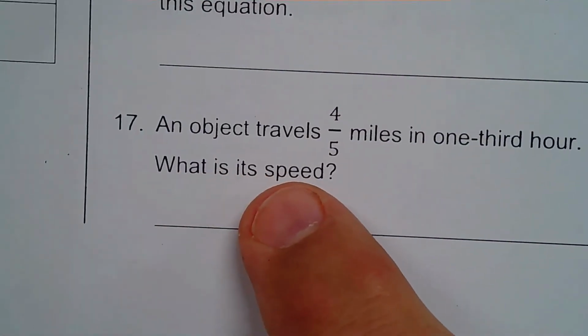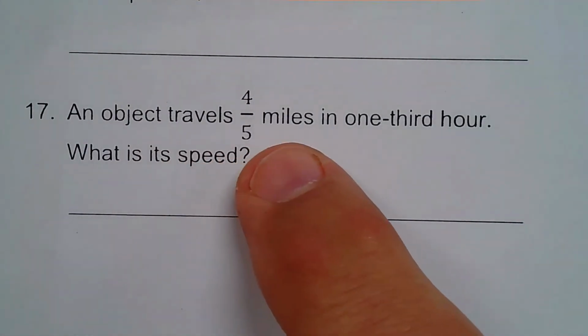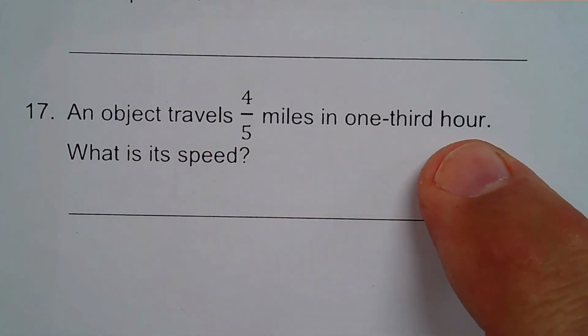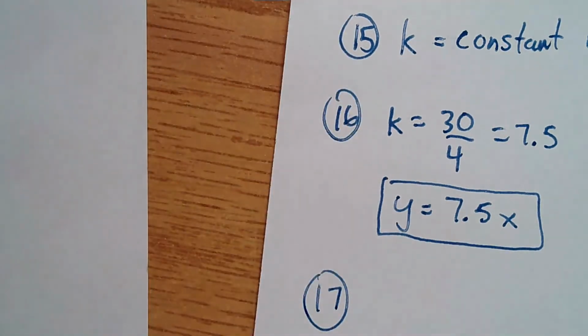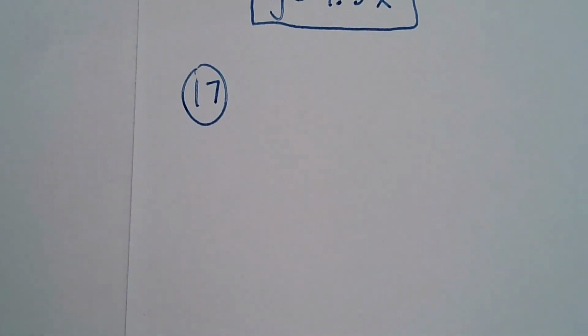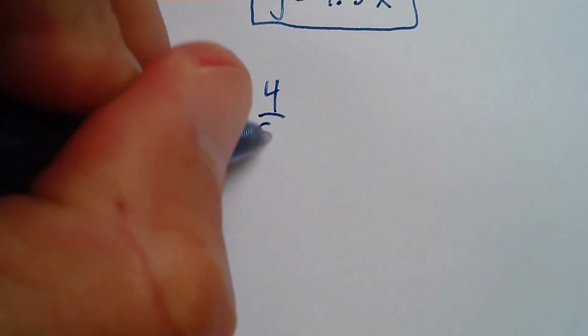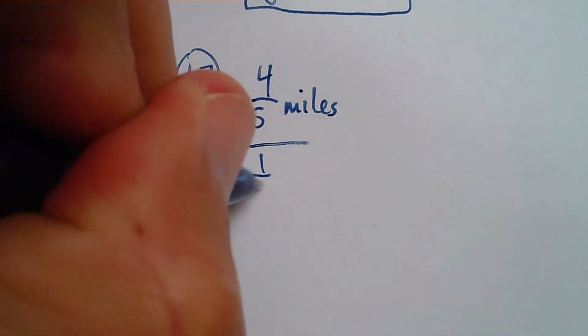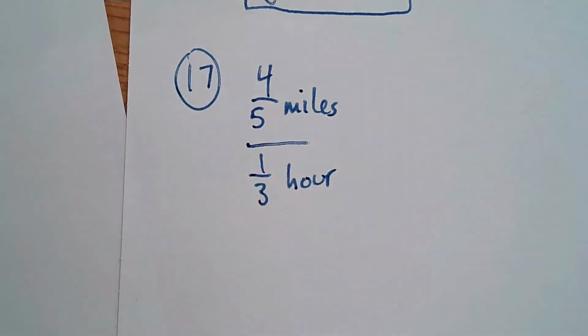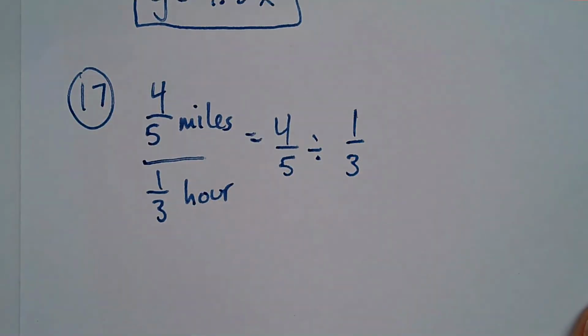And then we have our last one. Yay, number 17. An object travels 4/5 miles in 1/3 hour. What is its speed? It's going to be miles per hour. So for 17, it's 4/5 miles in 1/3 of an hour. So it's really just 4/5 divided by 1/3.